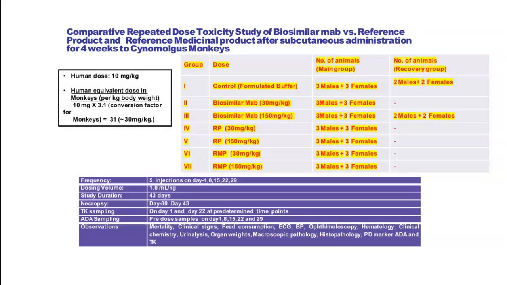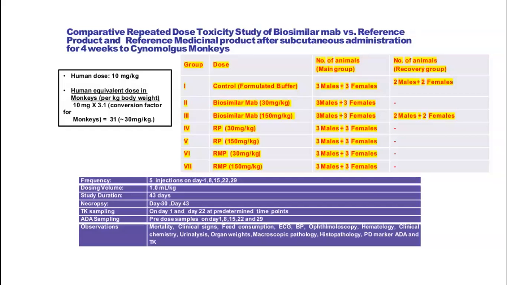This is a comparative repeated dose toxicity study of a biosimilar mAb versus reference product. So we always have to consider the reference product or reference medicinal product, because for filing the dossiers, we always have to compare with the innovator drug. But the innovator drug has to be registered in that particular country.